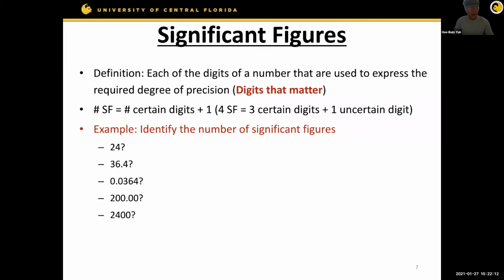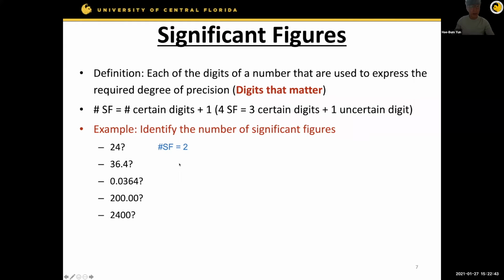So here are some examples of how to identify the number of significant figures. So 24, 36.4, 0.0364, and so on. So let's figure it out. So 24, what is the number of significant figures? The number of significant figures is 2 because we have 2 digits here.